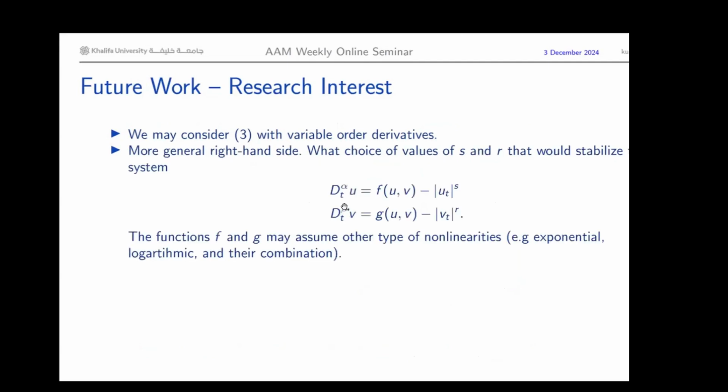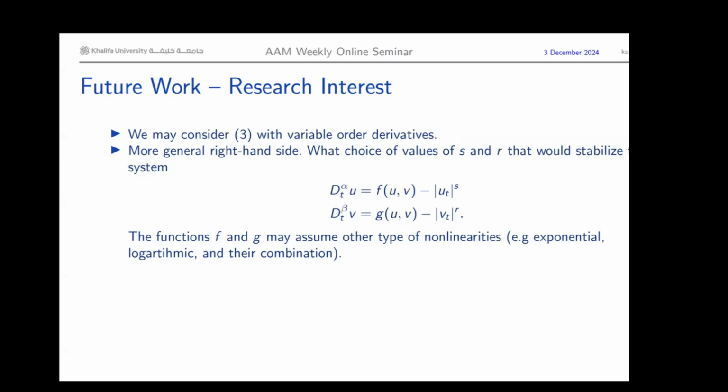We may also consider a more general right-hand side. So in this F and G, we may put other types of nonlinearities: exponential, logarithmic, and their combinations, for the sake of mathematical perspective. But I would also like to see, we subtract from the generalized system the following quantities, because essentially when we have the blow up, the derivative of our solution is also infinite.